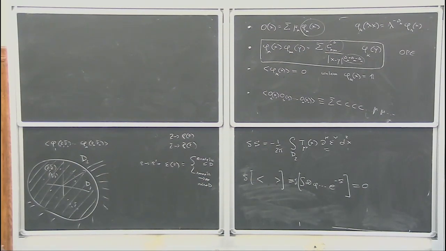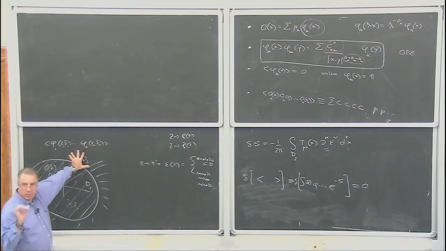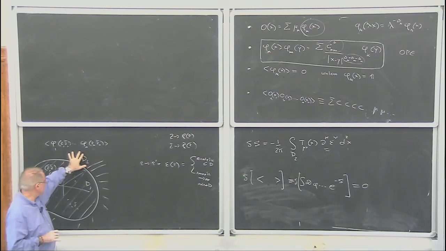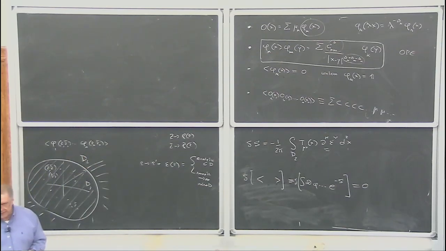So let me clarify precisely what I want to do. What I want to do is focus the attention on primary fields, the way I defined before. So these are very special conformal fields, not generic fields. And then I want to express what happens to this correlation function if I make a change of variable which is small everywhere. This is what I want to control, okay?